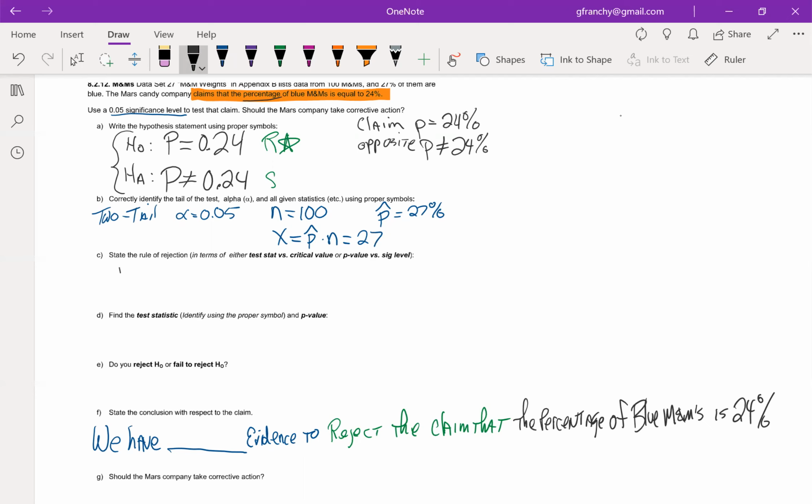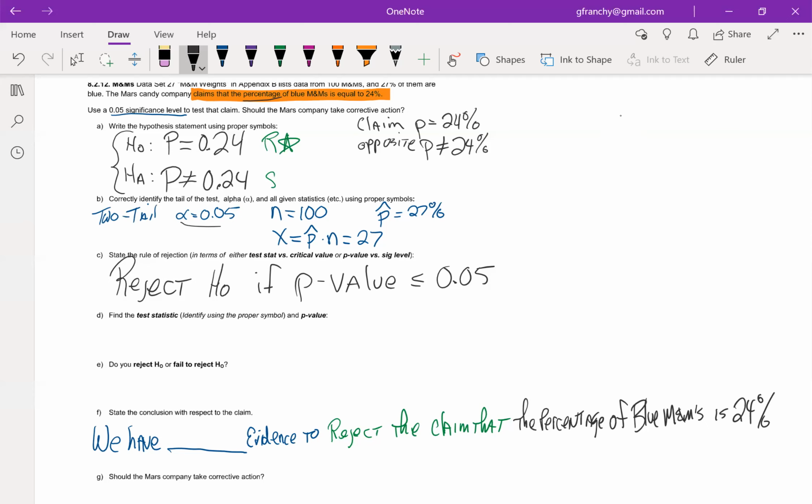Our rule of rejection, it's always going to start out, reject the null hypothesis if p-value less than or equal to our value of alpha here, 0.05. And again, the p-value rule of rejection never changes its structure. It is always reject the null hypothesis if p-value less than or equal to. The only thing that changes is the number.